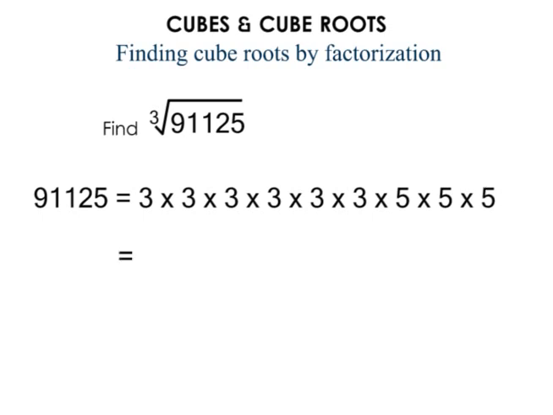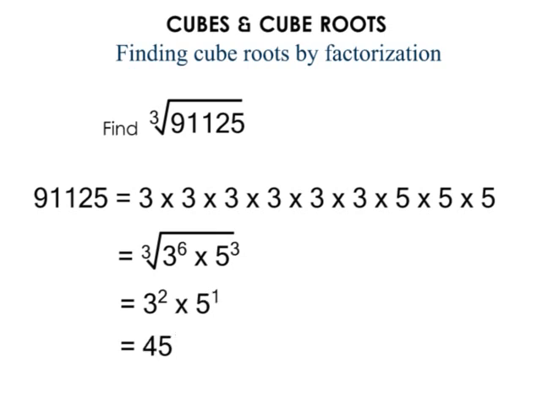This simplifies to 3 raised to power 6 times 5 raised to power 3. And then we find their cube roots. We will see in the next chapter that to find the cube root of an indexed number, we simply divide the power by 3. And so the cube root of 3 raised to power 6 times 5 raised to power 3 is 3 raised to power 2 times 5 raised to power 1. And that will give us 45.